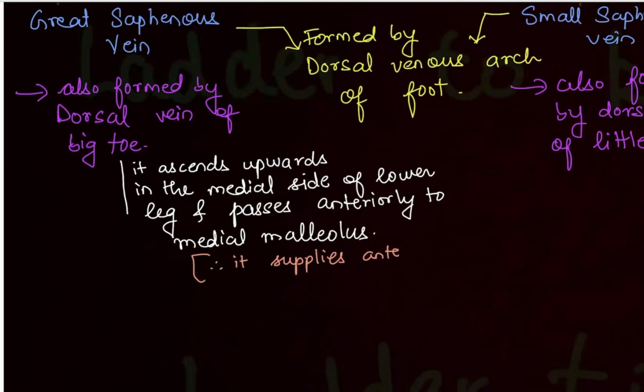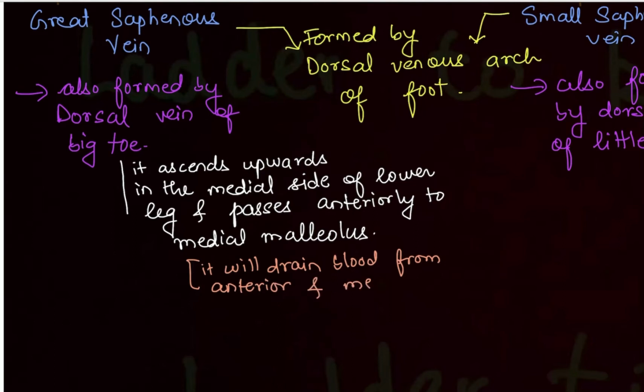Write down, therefore it drains. Therefore, which compartment should it drain the blood from? It will drain blood from anterior and medial compartment of lower leg. Okay, so remember this compartments. Okay, great saphenous vein drains from anterior and medial compartment. Small saphenous vein, I'll tell you in few minutes.